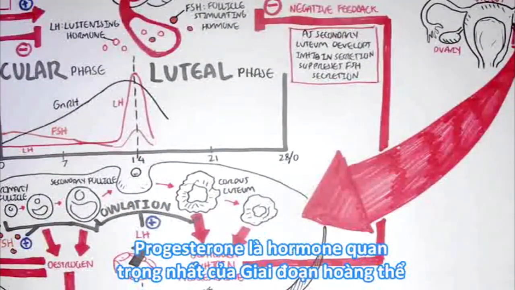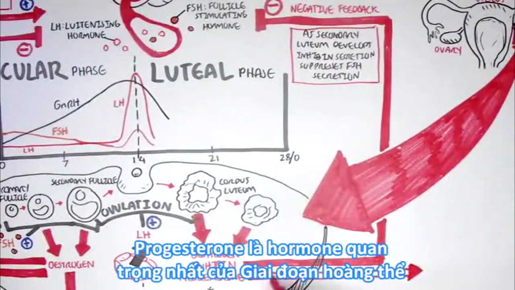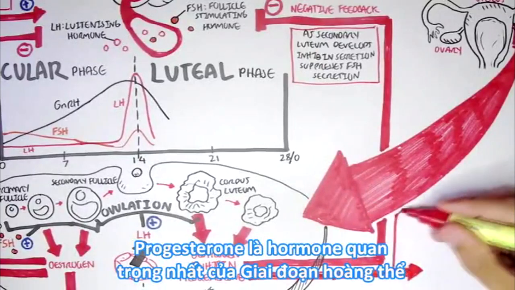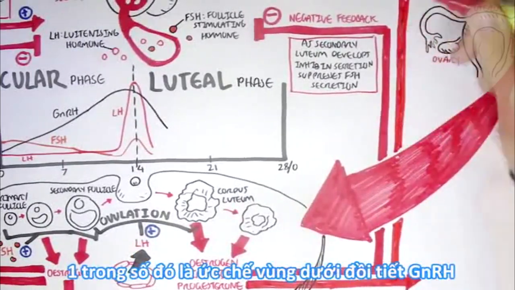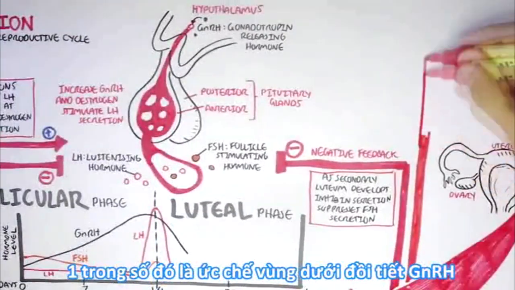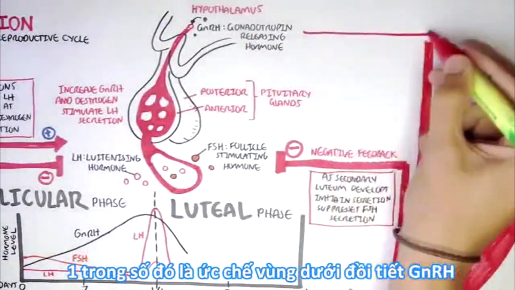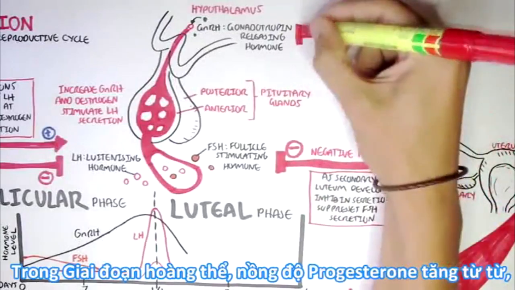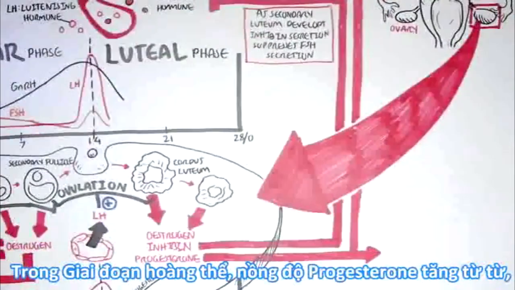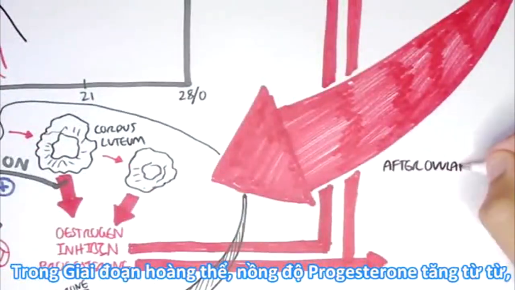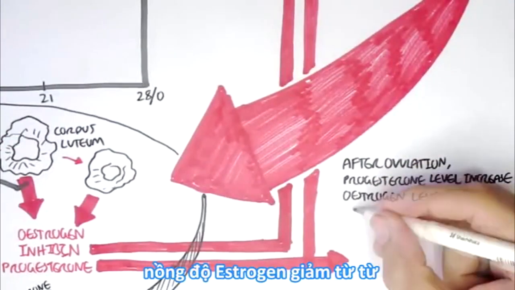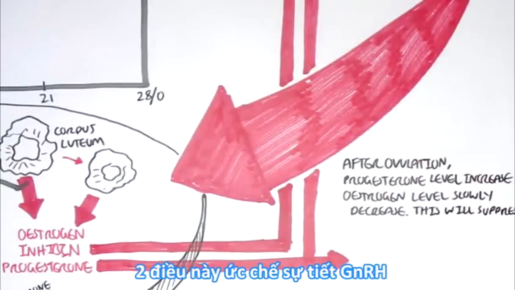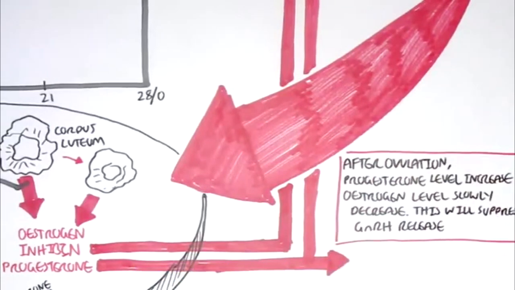Progesterone is the most important hormone in the luteal phase and has many functions, one of which is having a negative effect on the hypothalamus, inhibiting the secretion of gonadotropin-releasing hormone. After ovulation during the luteal phase, the progesterone levels will increase slowly and the estrogen levels will decrease slowly, kind of. And this will suppress gonadotropin-releasing hormone release.